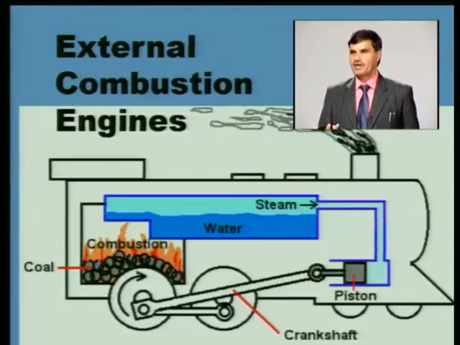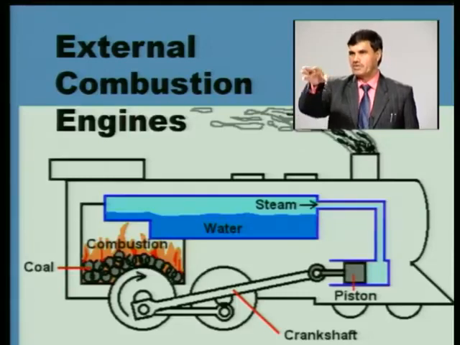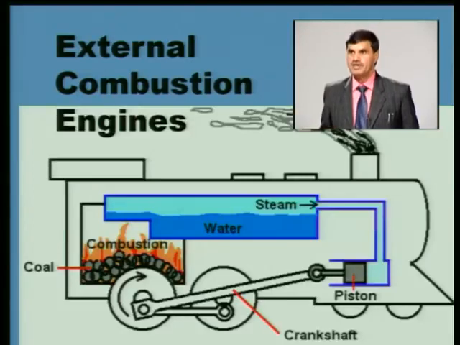In the case of an internal combustion engine, there was one working fluid, a mixture of air, fuel and some residual gases. But in the case of an external combustion engine, we have the burnt products, air and some other residues in the mixture, that is one working fluid, and that working fluid gives heat to water.